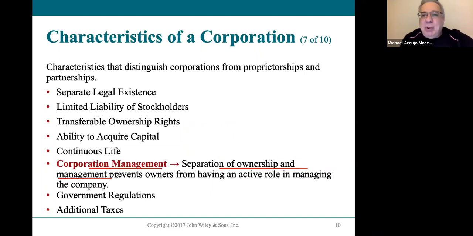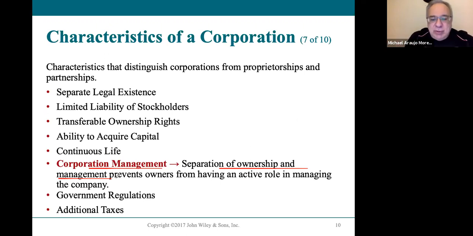So for example, if I own a business and I sell it to someone, everything changes, right? The management changes, everything changes. My ownership and the fact that I'm running the business is equal.